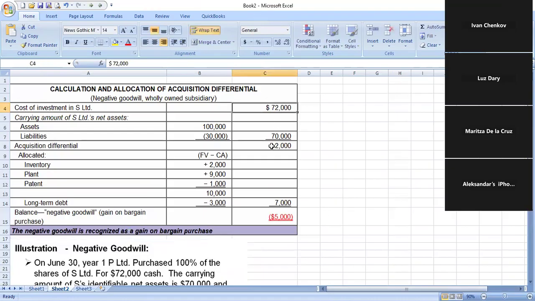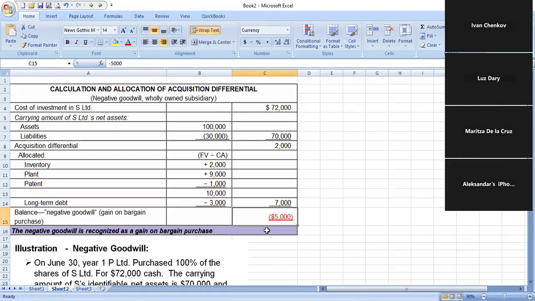We're paying $72,000. Our assets and liability are 70,000. We have the acquisition differential of only 2,000. Make sense? Of that acquisition differential, we are allocating 10,000 to the assets and 3,000 to the liability, which gives us $7,000. So 2,000 minus 7,000 is going to give us 5,000 negative goodwill.